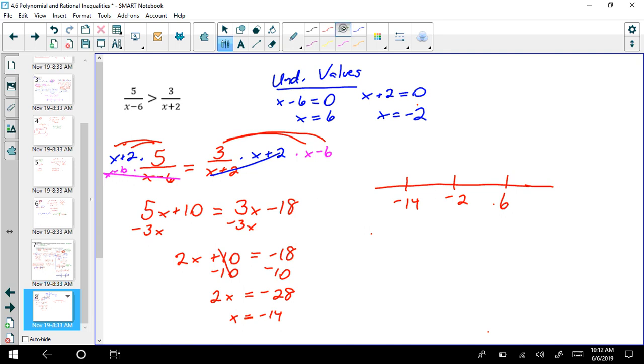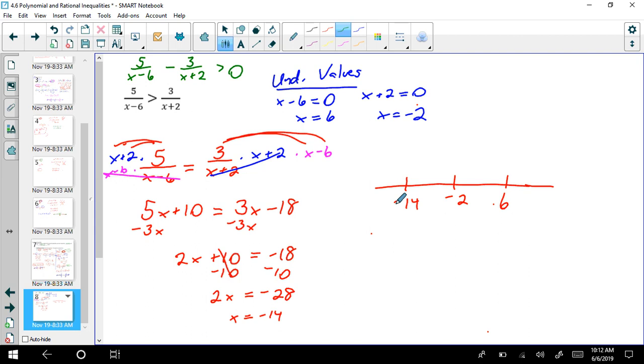All right. Before we start testing values, I'm going to take my inequality and I'm just going to subtract that entire fraction over so that I have 0 on one side. So I just brought the 3 over x plus 2. I subtracted the whole thing over.